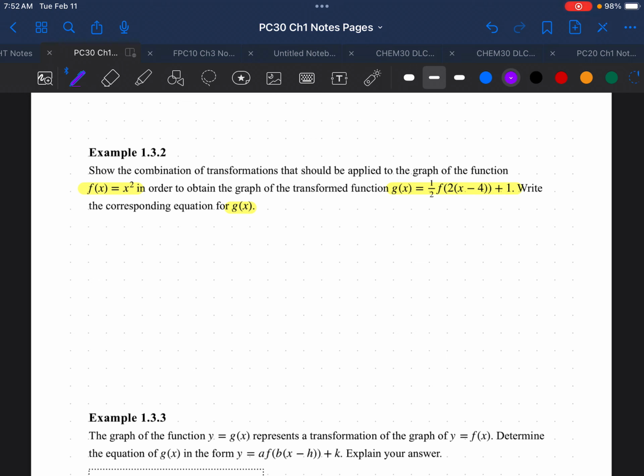Well, let's go through this transformation. First off, we're going to highlight the parts of the transformation that deal with vertical issues. So this 1/2 is a vertical, and this +1 is a vertical. The 1/2 is going to be a vertical stretch.